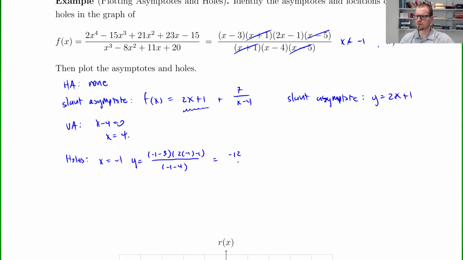And -1 minus 4 is -5, that is, we have a cancellation, so we have 12/5. There is a hole at -1, 12/5.